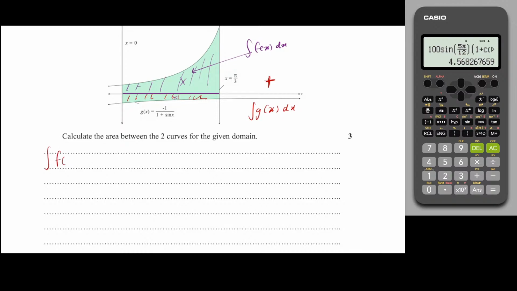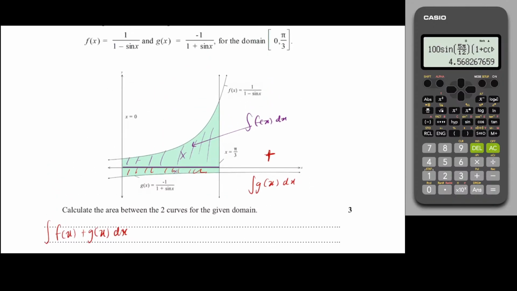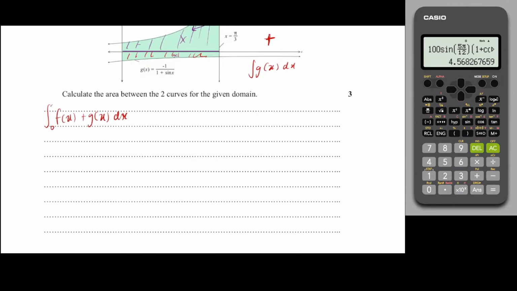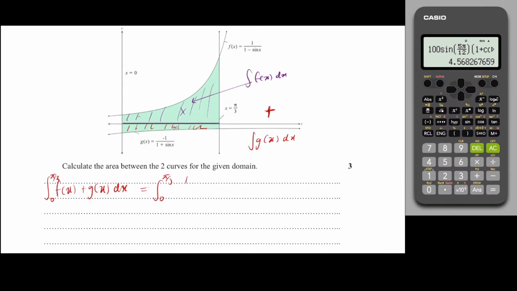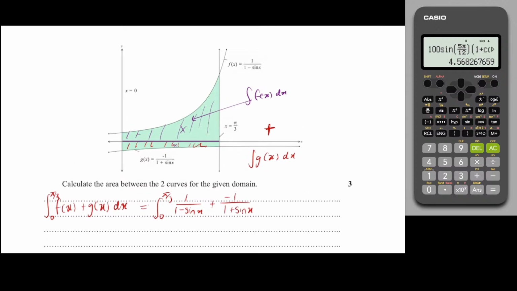So the integral of f of x plus g of x dx, and where's it from? It's from 0 to pi on 3. Now f of x is 1 on 1 minus sine x, plus, and then g of x is -1 on 1 plus sine x.